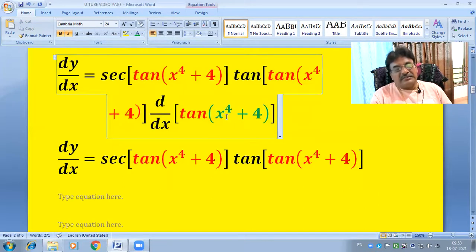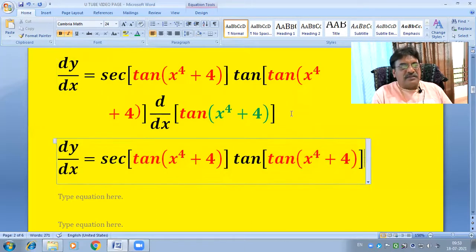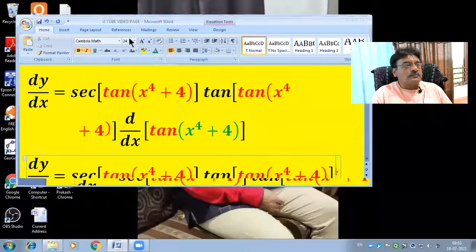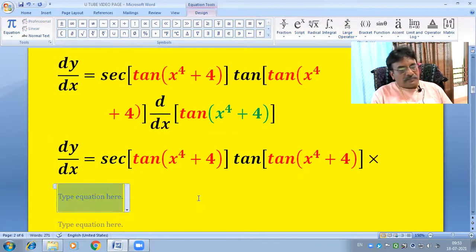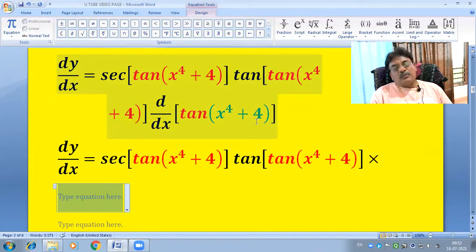Which means here sec square of the green color function into d/dx of again the green color function. So we write here into d/dx of tan x to the power 4 plus 4.